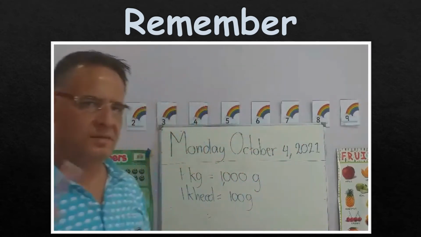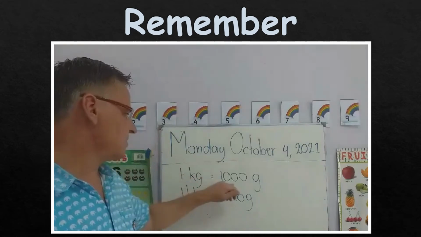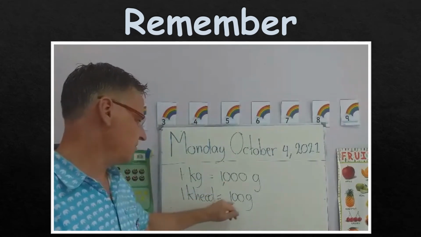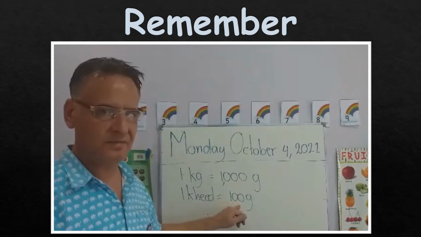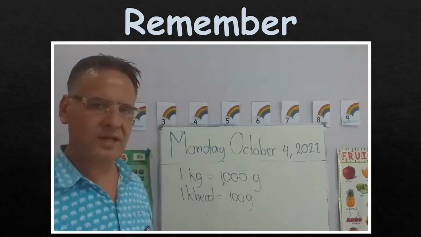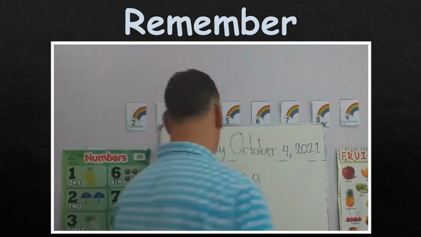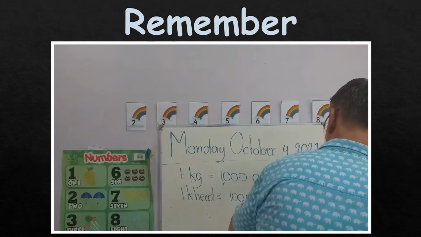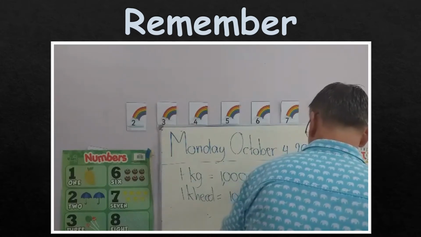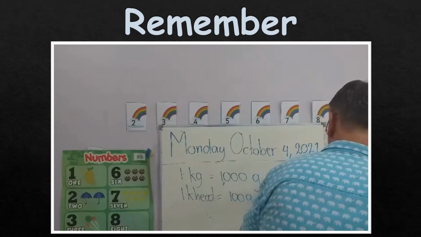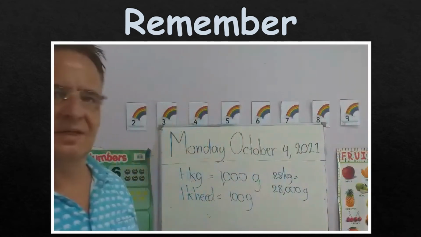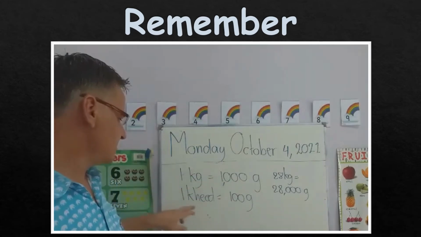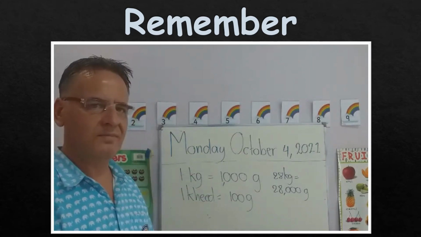Okay, so remember that too. 1 kilogram equals 1,000 grams. 1 keat equals 100 grams. So if you weigh 28 kilo, that equals 28,000 grams. Okay. So remember that 1 kilo, 1,000 grams. 1 keat, 100 grams.